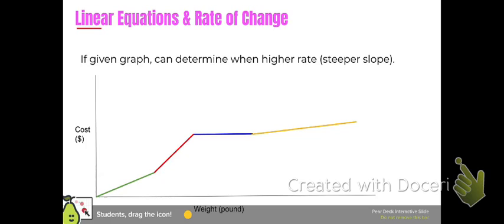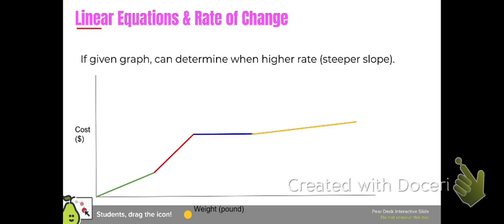So when you have a graph and they're asking which part of this graph has the higher rate, say this is the cost per pound, higher rate means a bigger slope. Bigger slope means it is steeper.